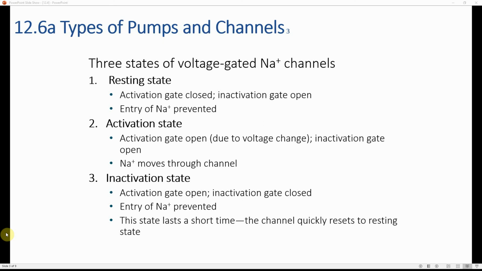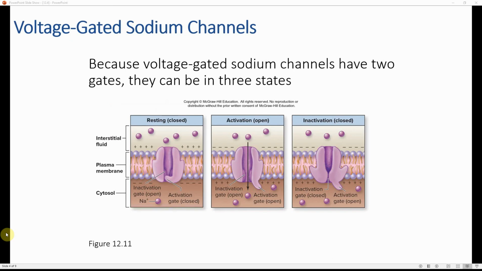And then once the channel has been inactivated, the gate is closed again. Sodium can no longer enter the cell. Sodium channels actually have two gates, so they can be in three different states, if you will. There's resting, there's activated, and then there's inactivated.